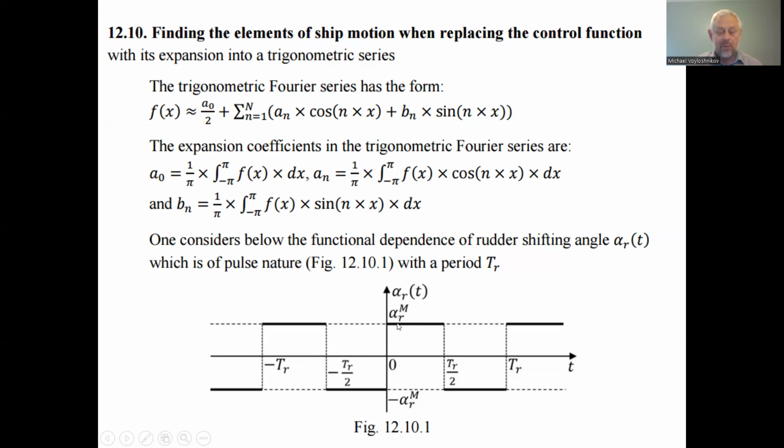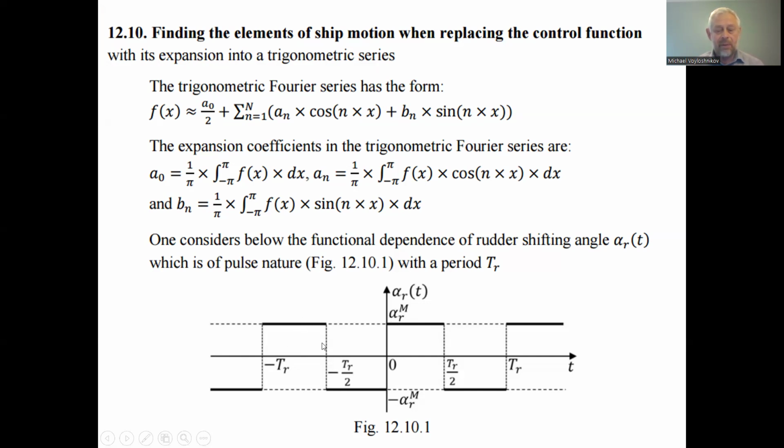Alpha rm is the amplitude of the turn of the rudder for the objective to keep the ship on the straight course. But the function is not smooth, with breaks.